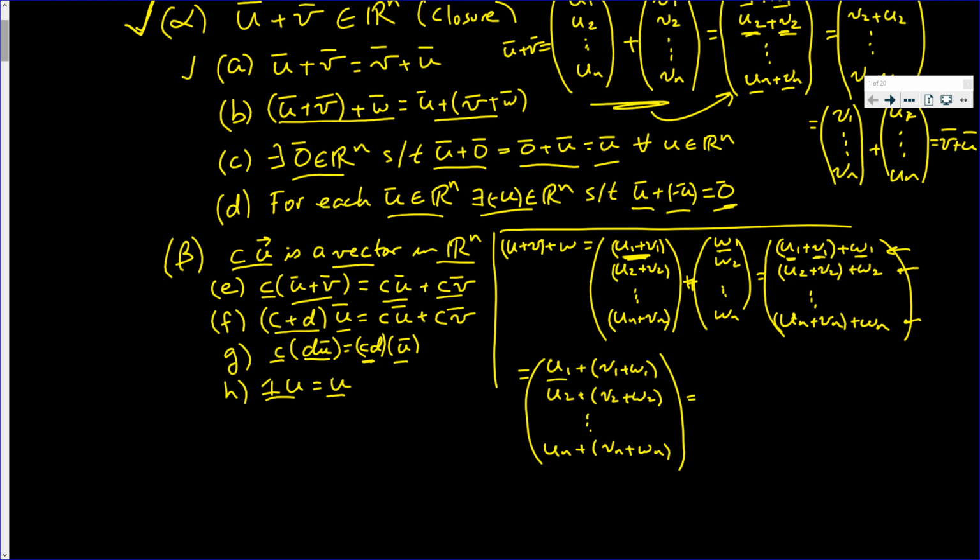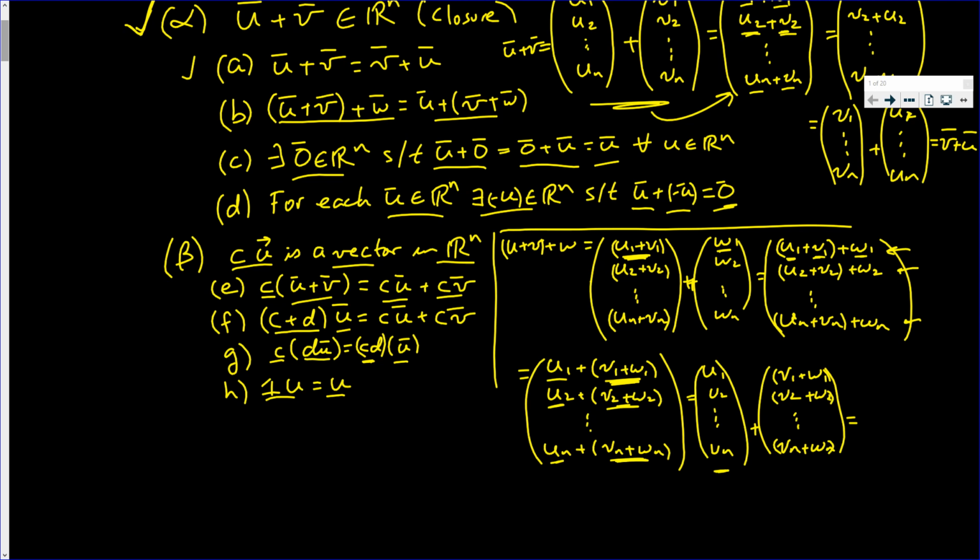Now I'll think of that as just one entry plus another. I can break them up. This is u1, u2, up to un, plus v1 plus w1, v2 plus w2, all the way down to vn plus wn. And I can put brackets around each of those.